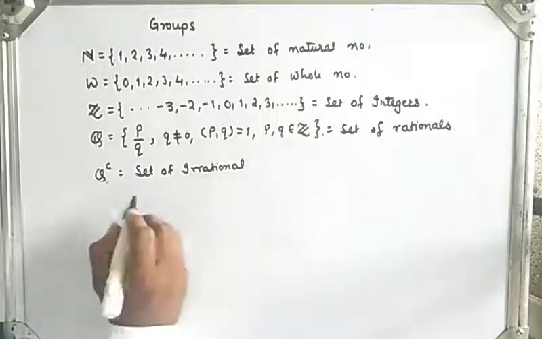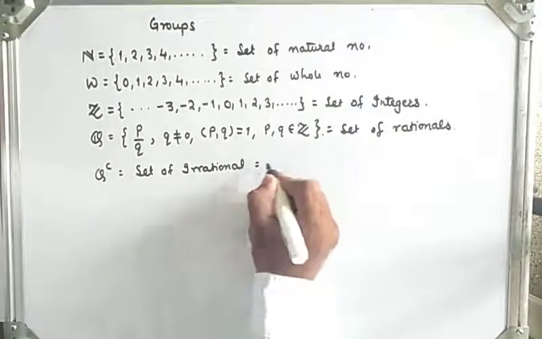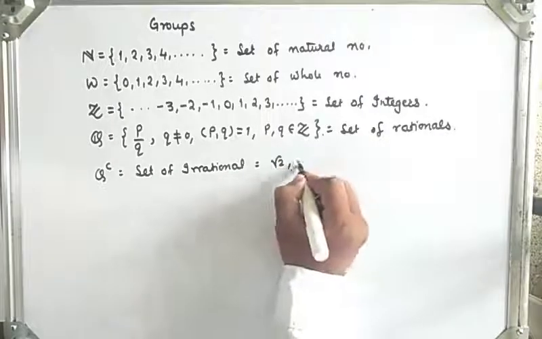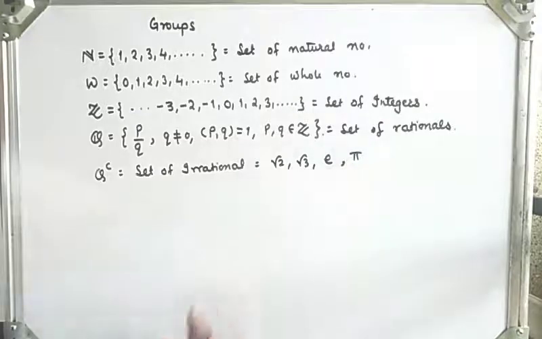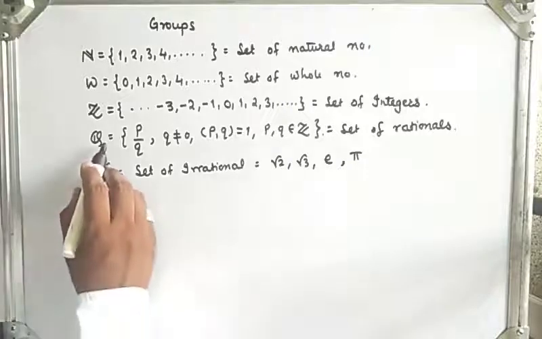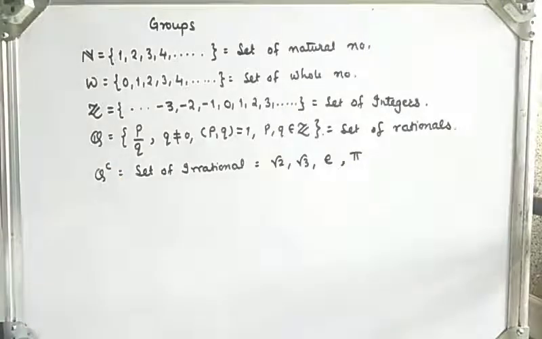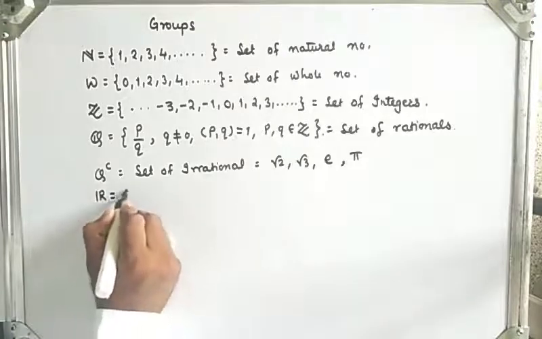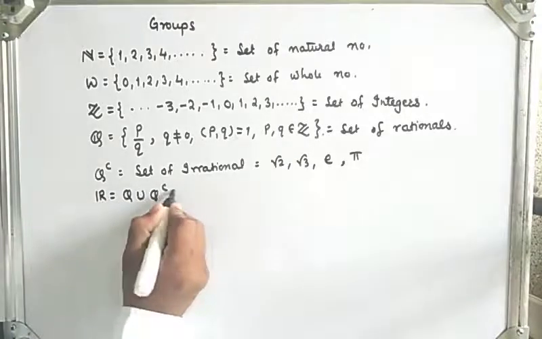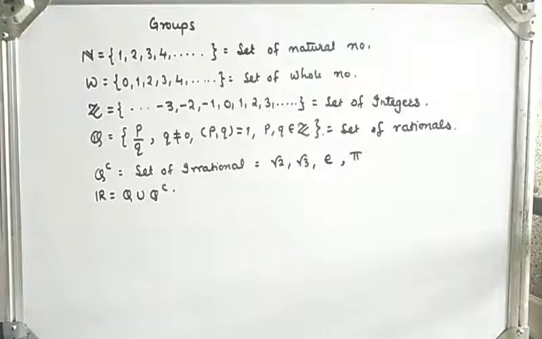Irrational numbers are of the form square root 2, square root 3, the exponential function, pi, etc. The union of rational and irrational numbers is nothing but the real numbers. So R is the union of rationals and irrationals.